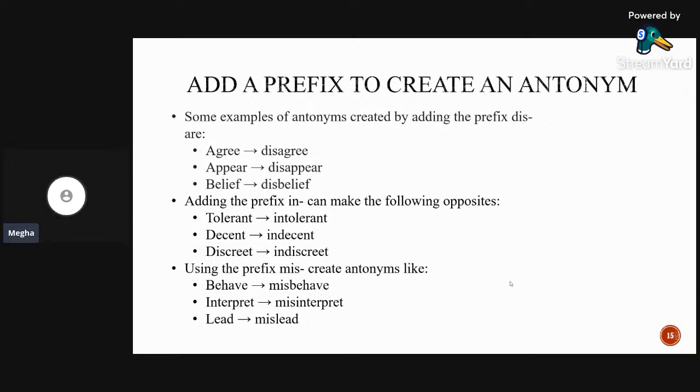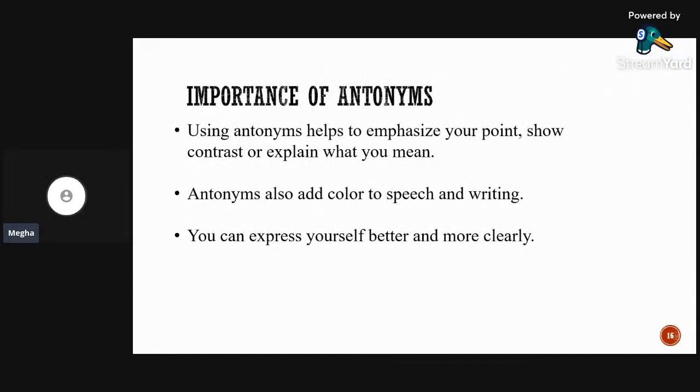Okay, so we understood, right? Adding a prefix. Yes, everything you said is right. So let's see the importance of antonyms. Using antonyms helps to emphasize your point, show contrast, or explain what you actually mean. Antonyms can also add color to speech and writing. You can express yourself better and more clearly.